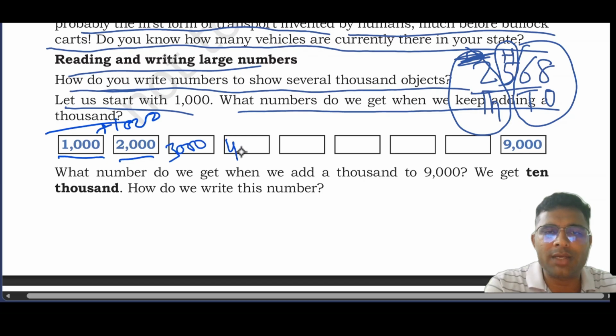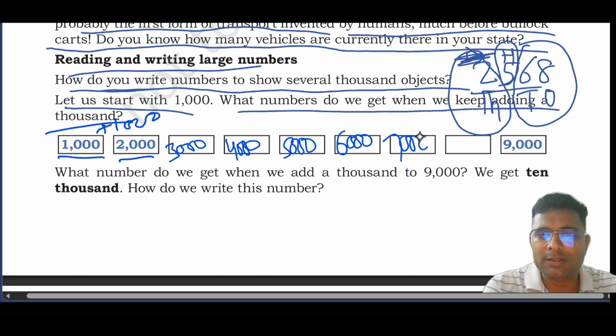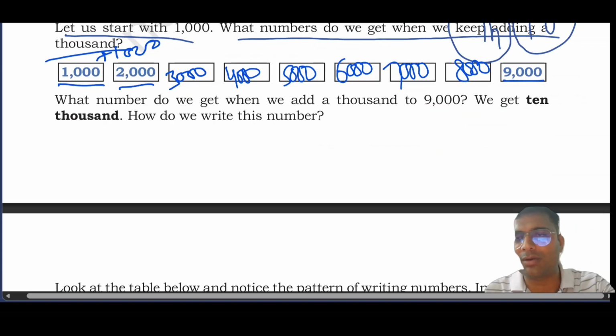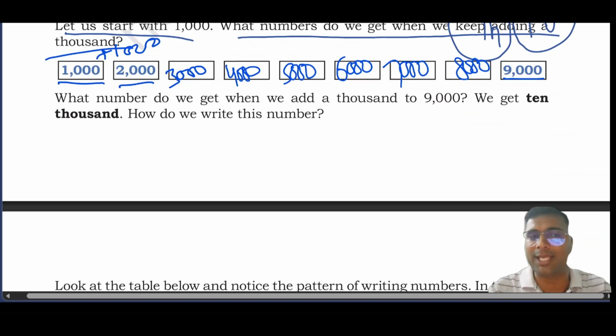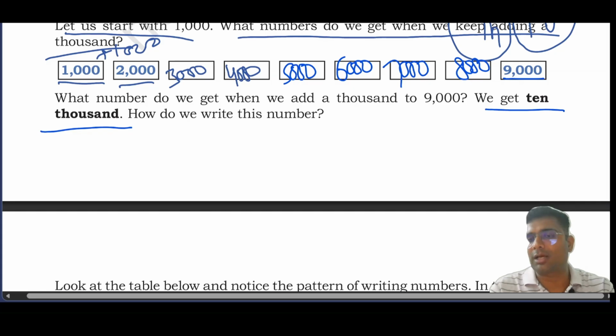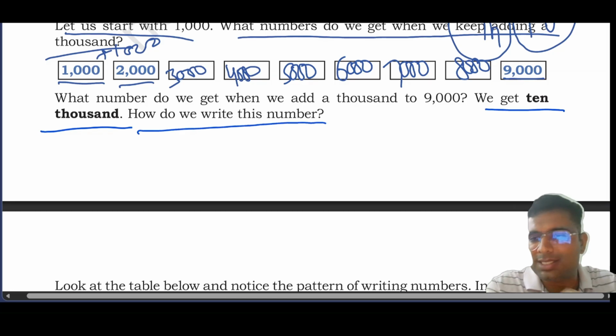And if you add 1000 more, you will get 4000, then 5000, then 6000, then 7000, then 8000, and after 8000 you will get 9000. So when you add one more 1000 to 9000, bachcho, you will get 10,000.